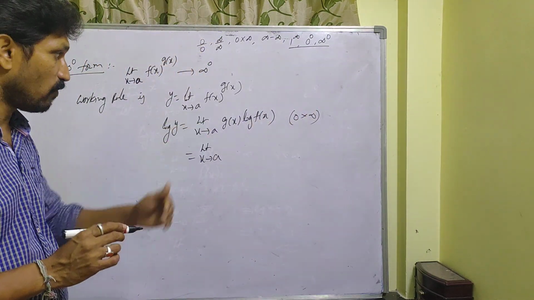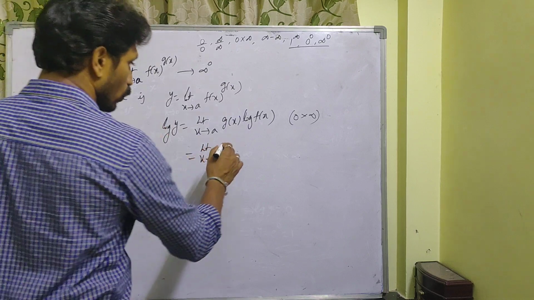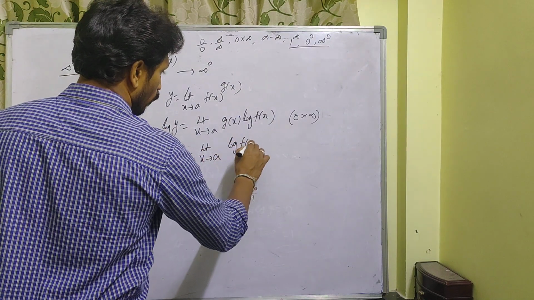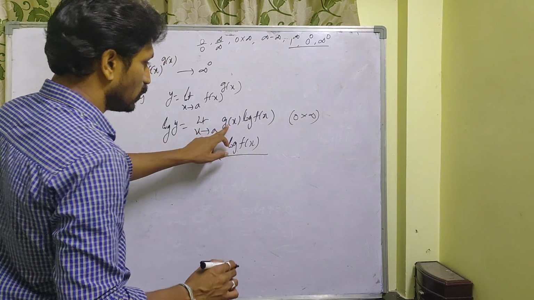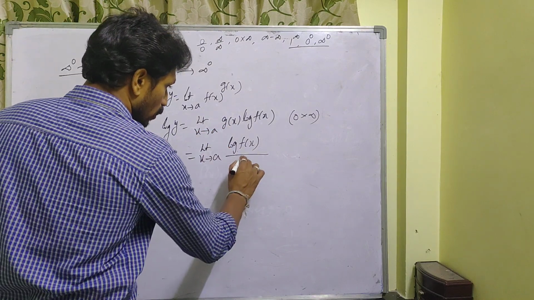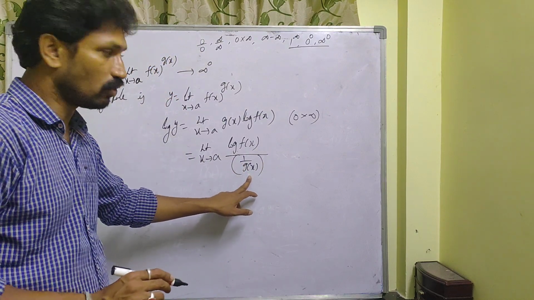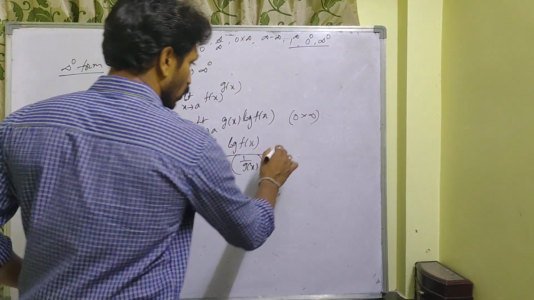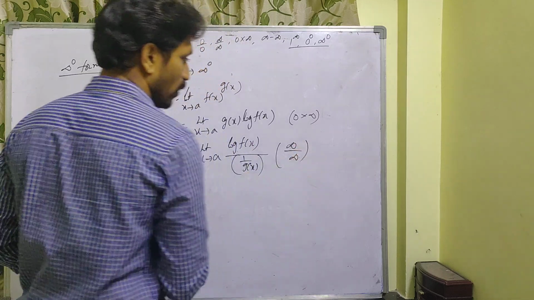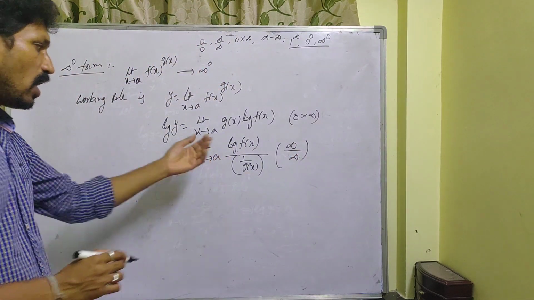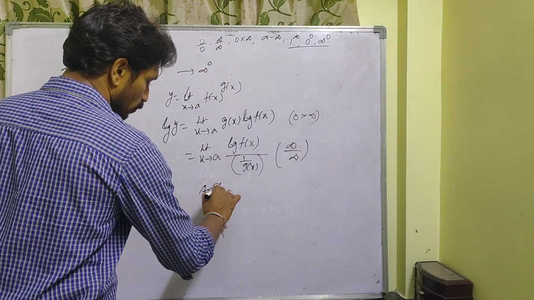So whenever it is in the form of 0 into infinite, what do we have to do? Take log of f of x, and convert the 0 into the denominator, that is 1 by g of x. So that is nothing but 1 by 0, and 1 by 0 is infinite. Now it becomes infinite by infinite, so apply L'Hospital rule.